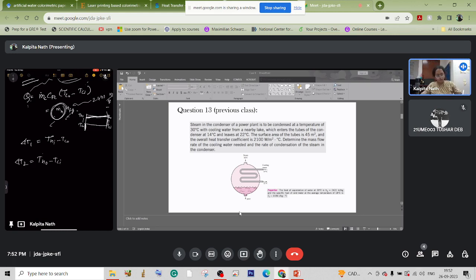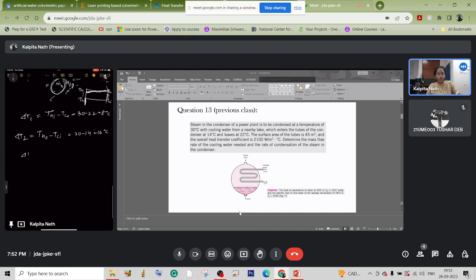Okay, so this is 30 minus 22, and this is 8 degrees Celsius, and this is 30 minus 14 is equal to 16 degrees Celsius. So now log mean temperature difference is delta T1 minus delta T2 upon ln delta T1 by delta T2. This is 8 minus 16 by ln 8 upon 16.